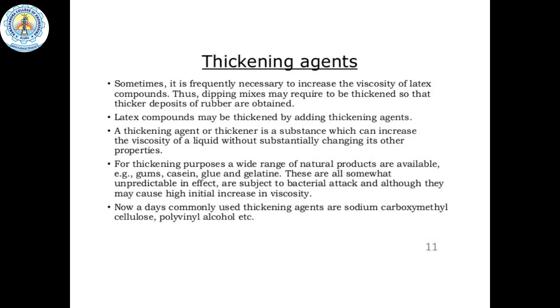For thickening purposes, a wide range of natural products are available, for example gums, glues, casein, and gelatin. These are all somewhat unpredictable in effect and are subject to bacterial attack, although they may cause a high initial increase in viscosity. Nowadays, commonly used thickening agents are sodium carboxymethyl cellulose and polyvinyl alcohol, etc.